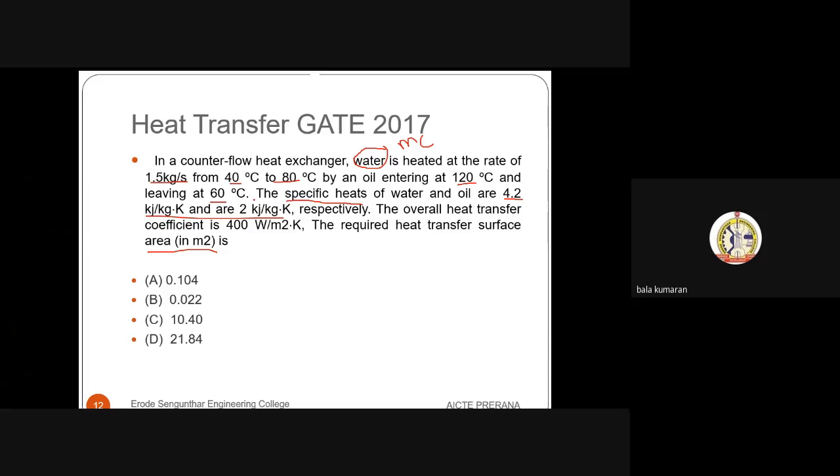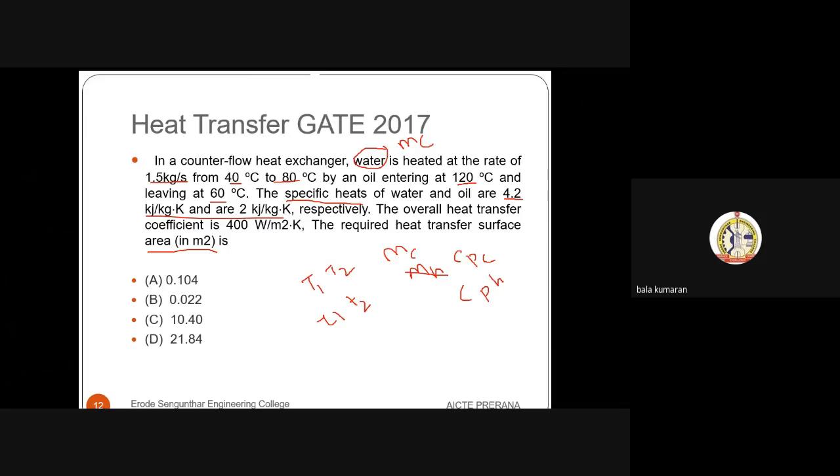And four temperatures, which are capital T1, capital T2, and small t1 and small t2. They have given MC, CPC and CPH.